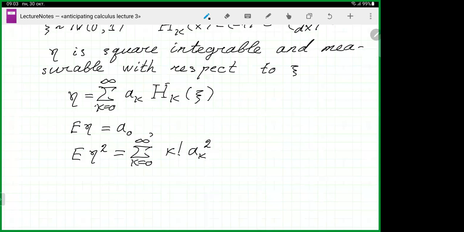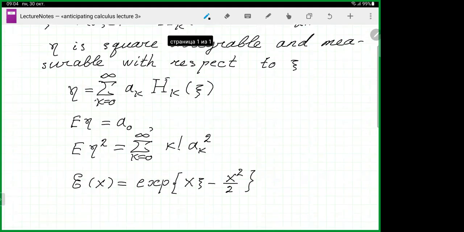Based on this representation, we considered a special function like a stochastic exponent. So we defined e of x is equal to exponent of x psi minus x squared over 2.